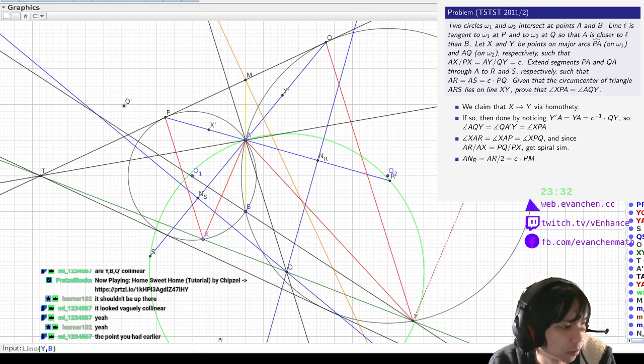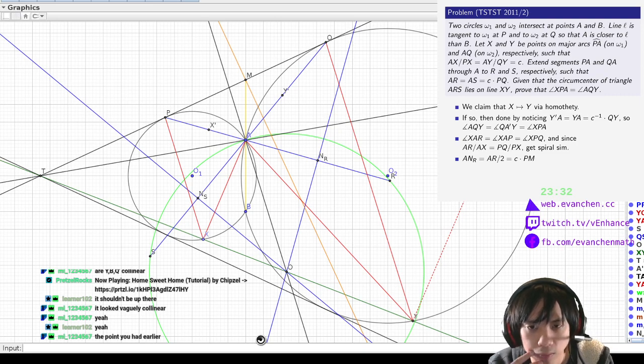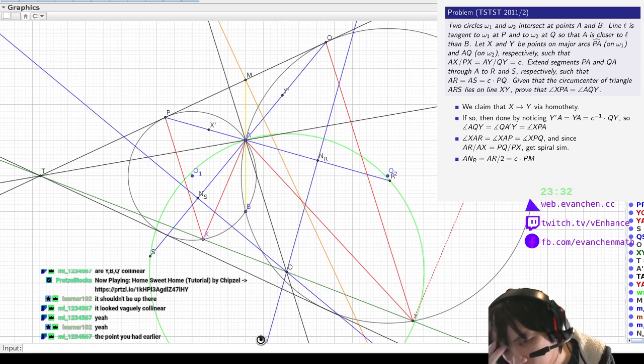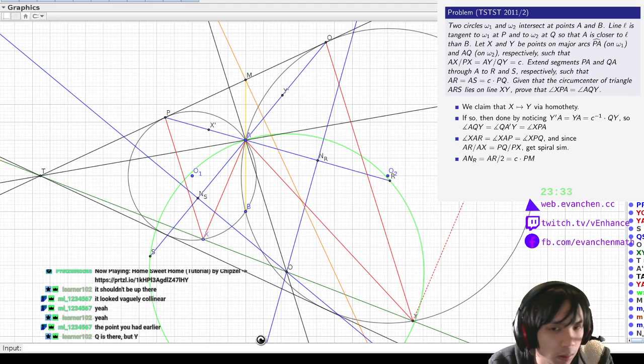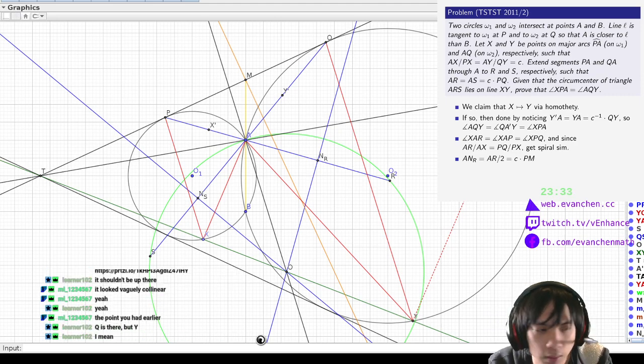Doesn't look like it. Oh, Y was somewhere way south. But I didn't see anything coming out of it.